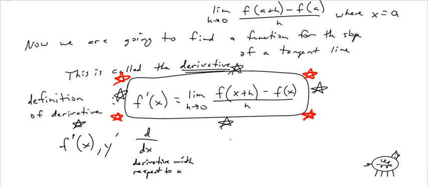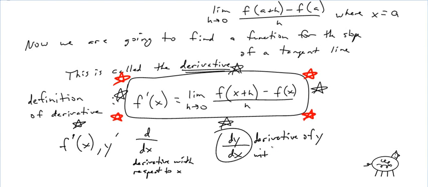This is a very common one too, dy dx. So if I say y is equal to 2x plus 3, and I ask you to find dy dx, that's really used quite often. This is the derivative of y with respect to x.